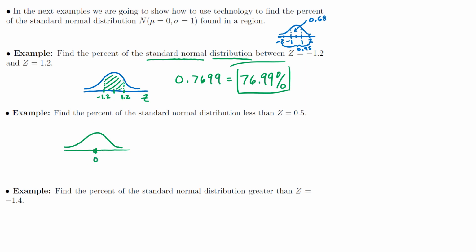And for 0.5, I'm trying to make it somewhat accurate so that I can envision -1 and 1 containing about 68%. So I'm going to put it right about there for 0.5. If we want to be less than that, then we're wondering what percent of the curve falls below that.